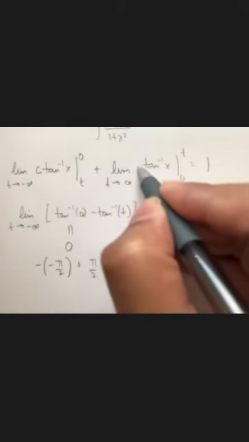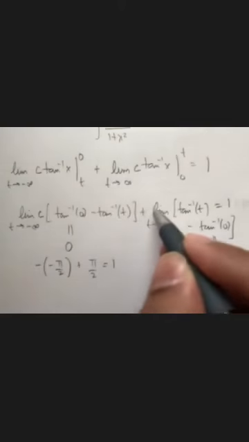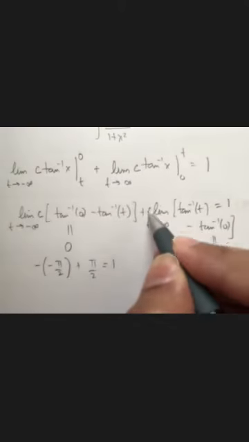So we get negative pi over 2, and tan inverse infinity is pi over 2. And all this is multiplied by c. Right?